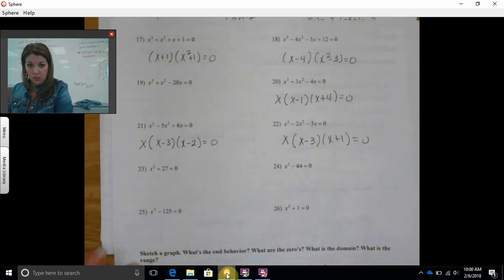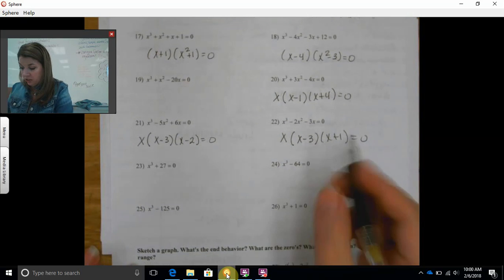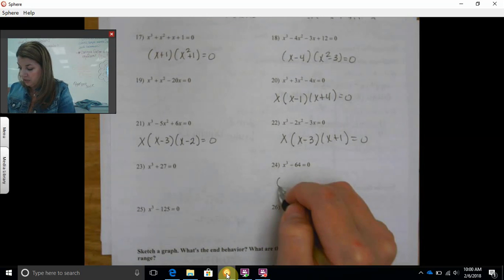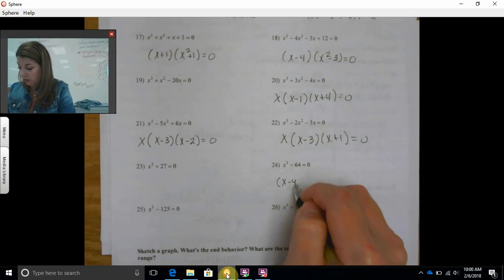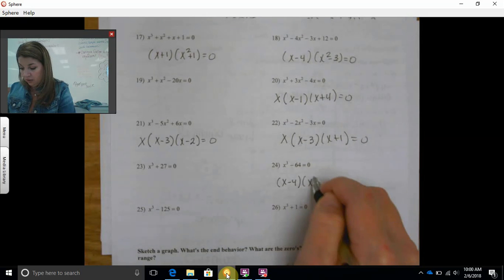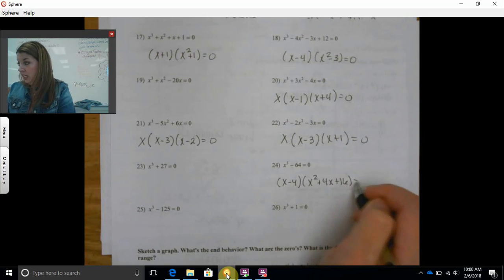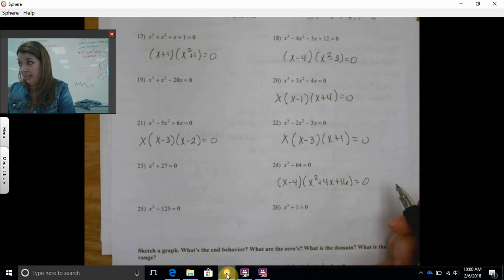So what's 24? What's that called? Difference of cubes. And the answer is x minus 4 times x squared plus 4x plus 16 equals 0. Again, if you don't show me the work like I just did, you will not get credit.